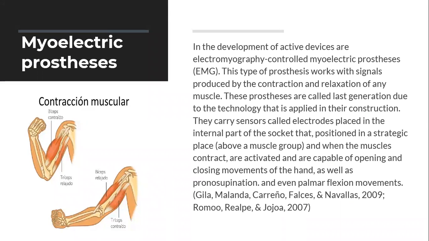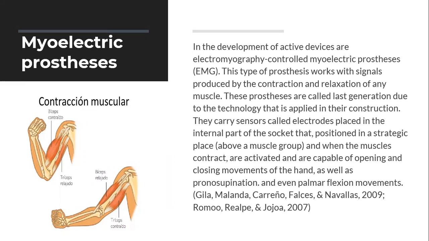Myoelectrical prostheses. In the development of these devices, they use electromyography, EMG, controlled myoelectrical prostheses. This type of prosthesis works with signals produced by the contraction and relaxation of any muscle. These prostheses are called last generation due to the technology that is applied in their construction.